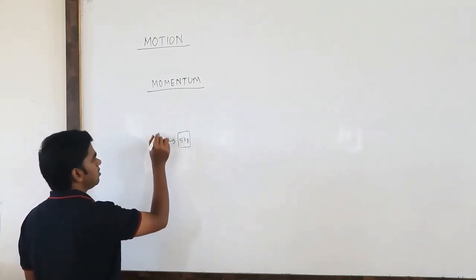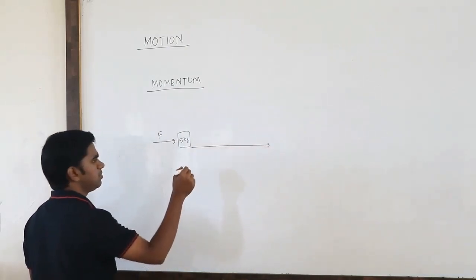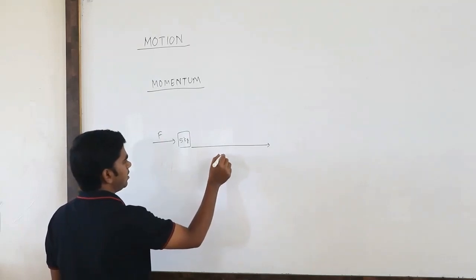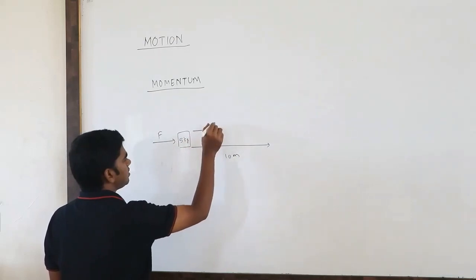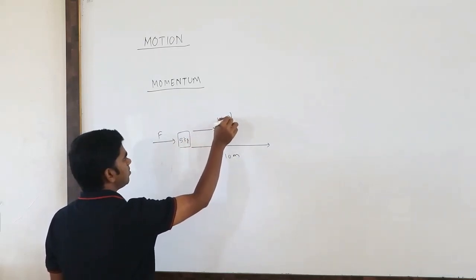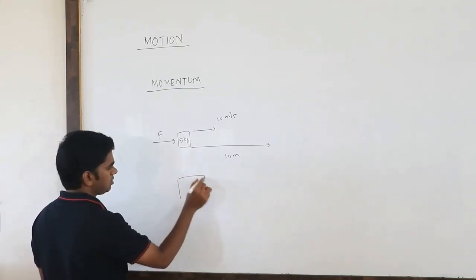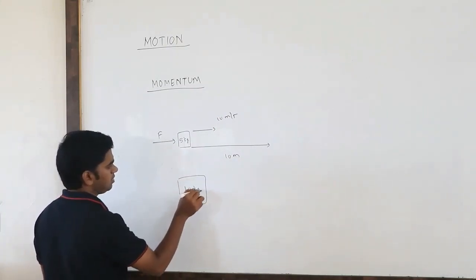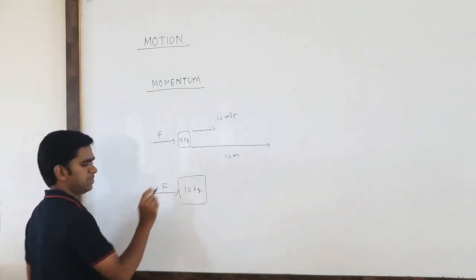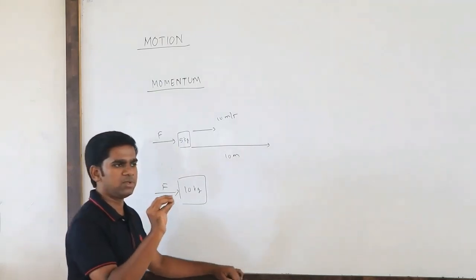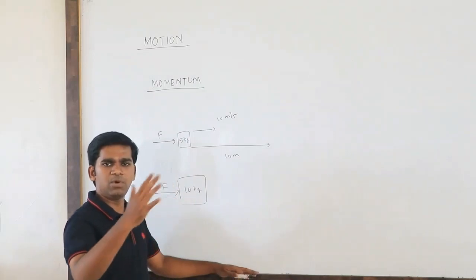You will apply say some force F. So due to that, it may travel say some 10 meter, with a velocity of say 10 meter per second. Okay. So instead of that, if mass is very big, 10 kg. So when you apply the same force F, when you apply this little force on the small ball, it will travel for longer time. If you apply the same force on a bigger ball, then what will happen?